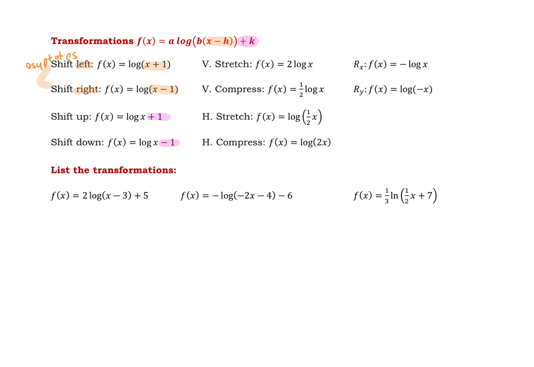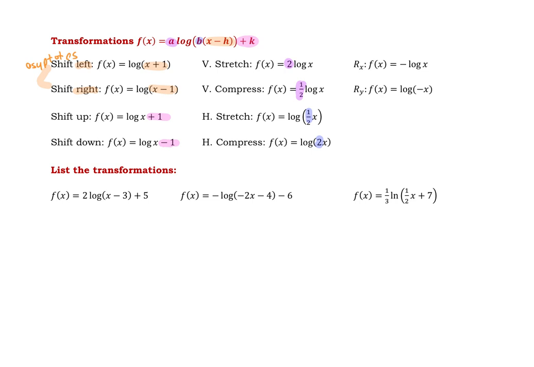And then my stretches and my compressions, my vertical is my A. So this 2 is out front, this half is out front, so stretch is a number greater than 1, vertical compression is less than 1. And then the B value, remember we must factor B. The B value is inside the argument in front of the X. Again, those are opposites, so a horizontal stretch is less than 1, a horizontal compression is greater than 1.